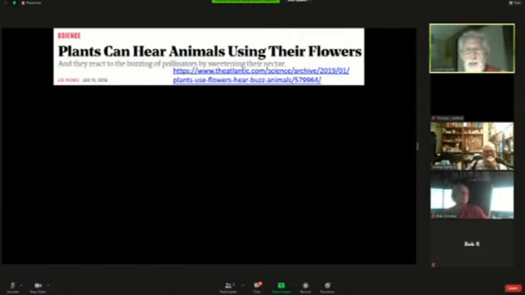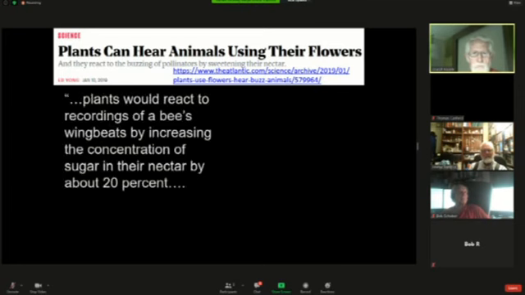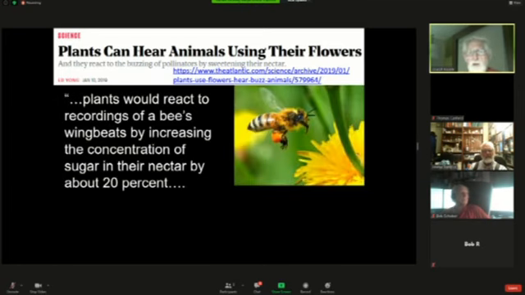Well, another amazing thing is plants can sense the vibration produced by the beating of the wings of the bees. And so with the sound of a bee's wings flying, recorded and then played back, plants can be stimulated by receiving that sonic message to increase their flow of nectar and to increase the sweetness of the nectar by 20% in the course of 3 minutes.